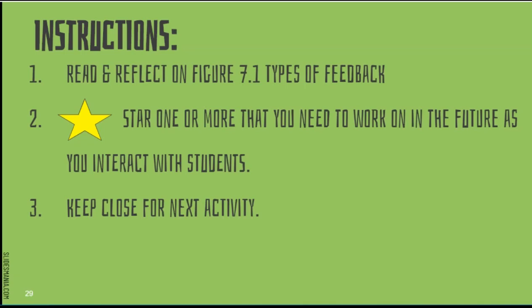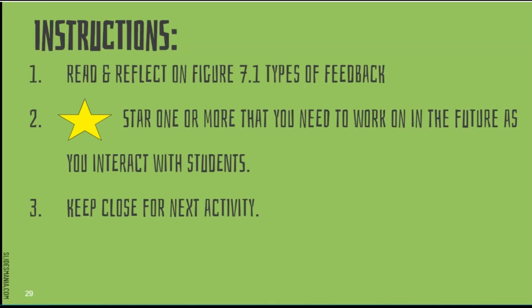This would be good information. So I want to make sure that I include that and that I'm really focused on using this in the future when I interact with students. And then keep that close by because we're going to be using that same types of feedback handout for the next activity. So take some time, pause, read, and make your star selections.